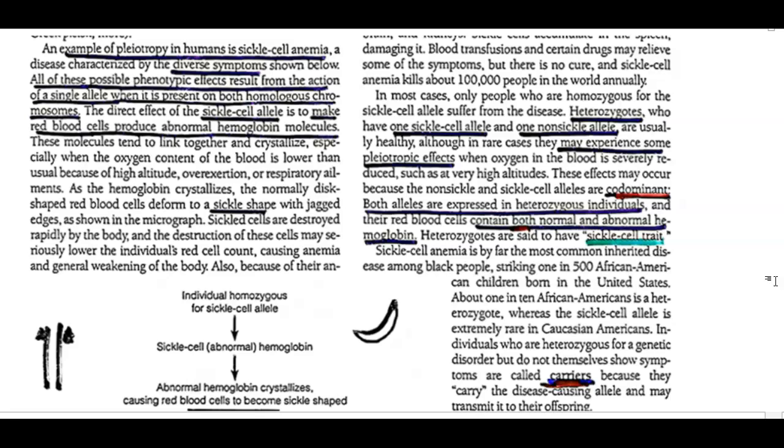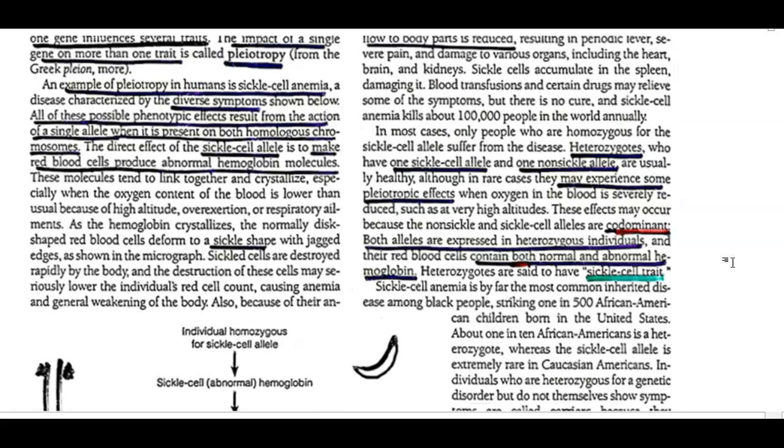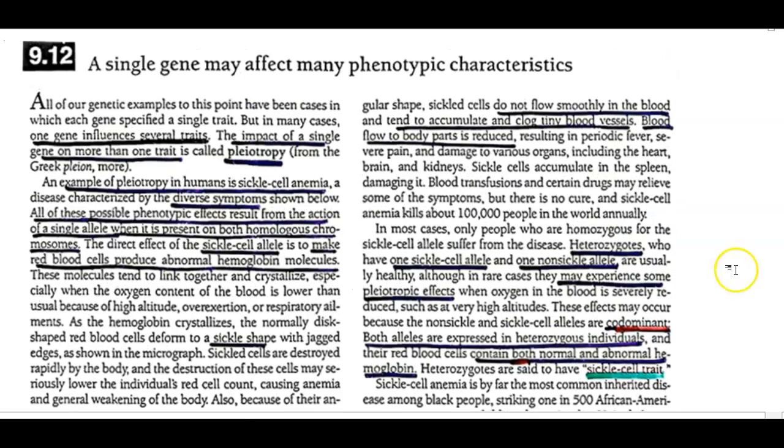Sickle cells are destroyed rapidly by the body, and the destruction of these cells may seriously lower the individual's red blood cell count, causing anemia and general weakening of the body. Also, because of their irregular shape, sickled cells do not flow smoothly in the blood and tend to accumulate and clog tiny blood vessels.